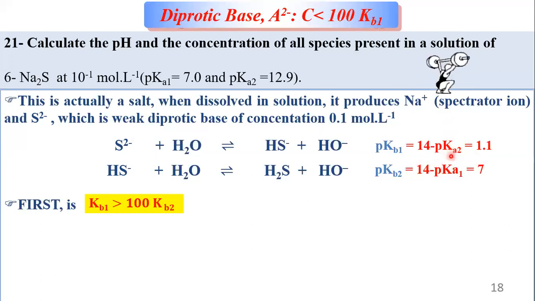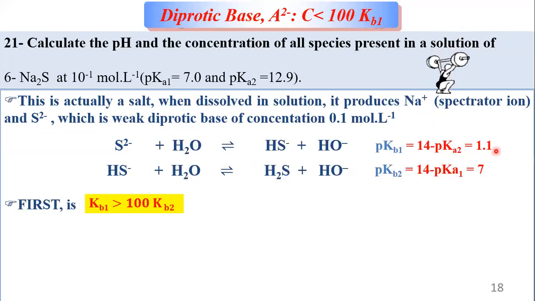Okay. And pKb2 is 14 minus pKa1, because H2S and HS minus are the two conjugate pair for the Ka1 expression. These are the pairs for the Ka1.